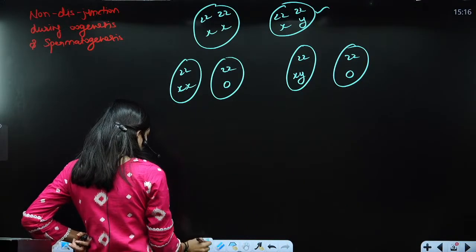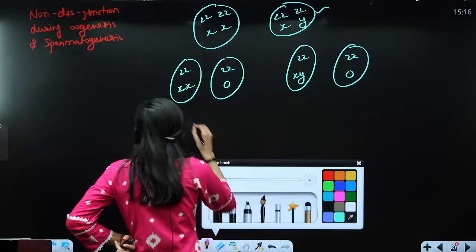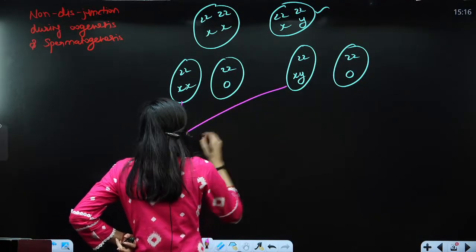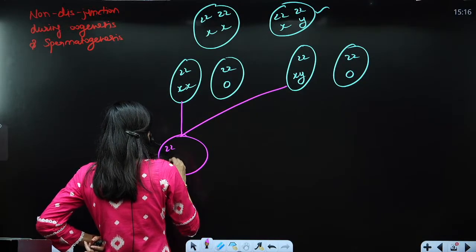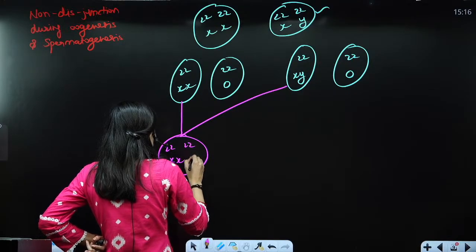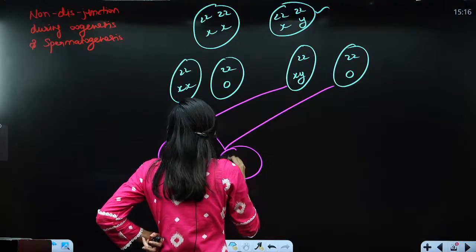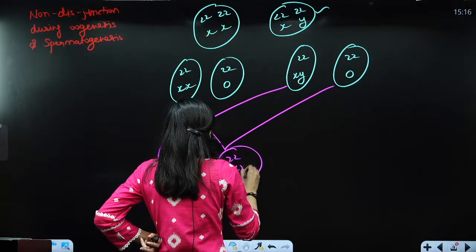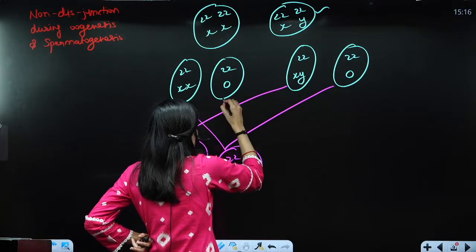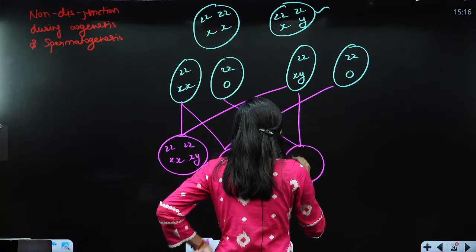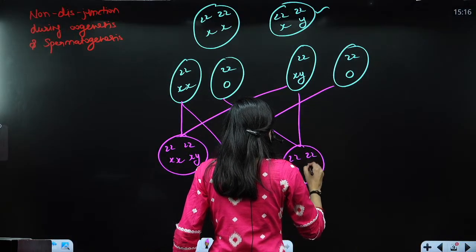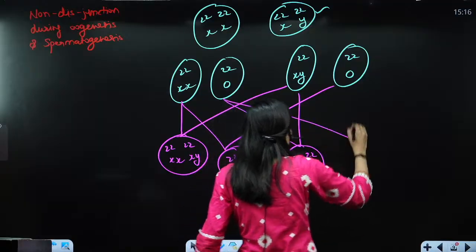And now let's try to create some sort of categories. See, you can see some sort of normal cases as well.